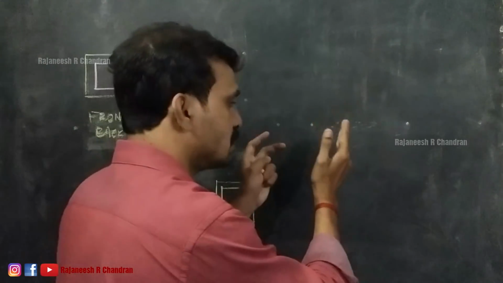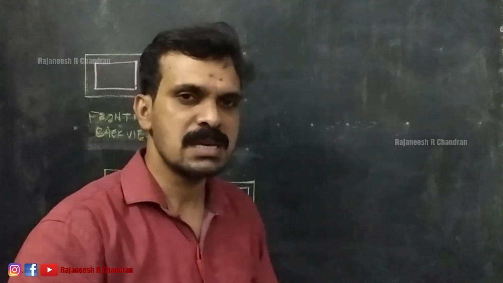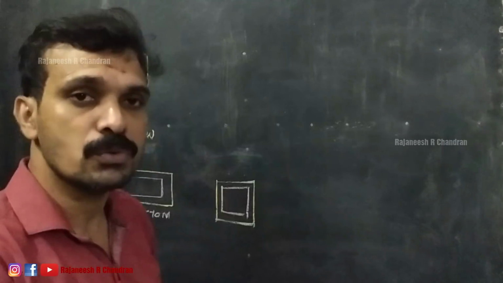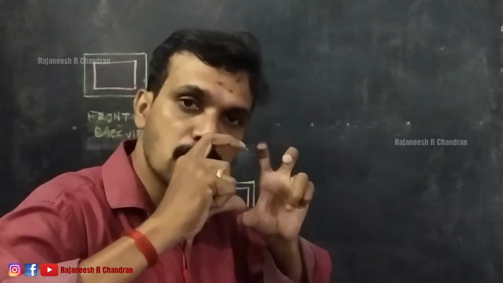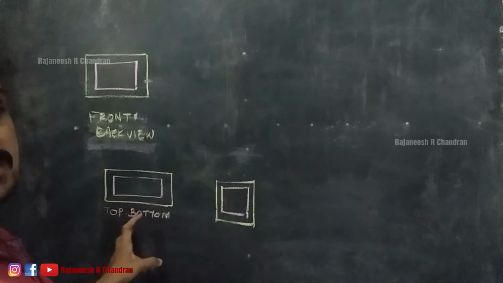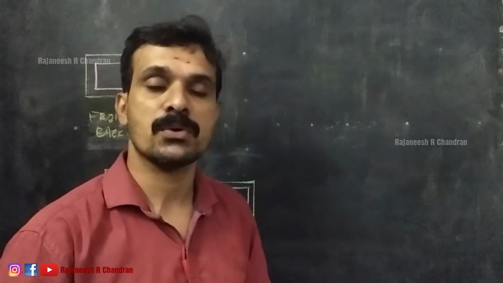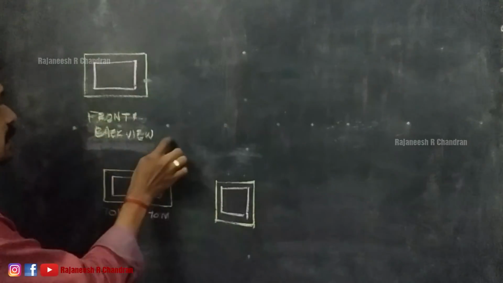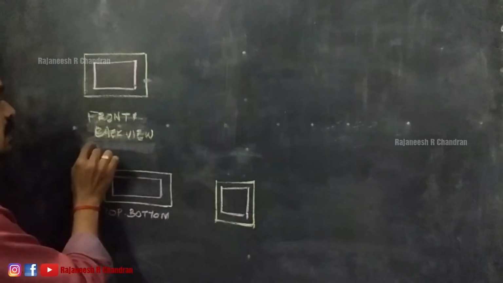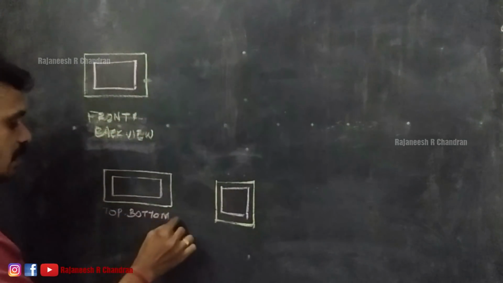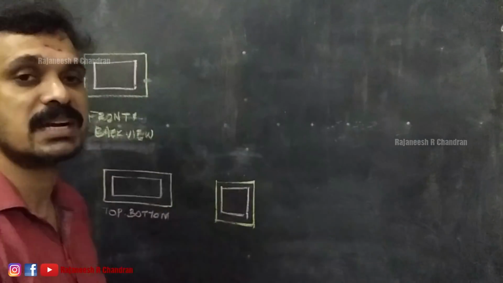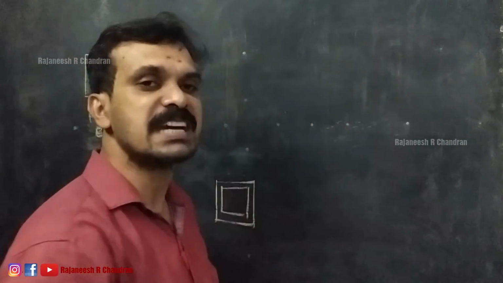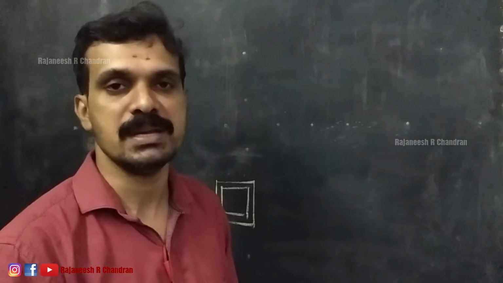Suppose in a sheet or in a particular place, if there is a particular space for this front view and back view, and a particular position for drawing this top and bottom as well as for side view, then the words front and back view, top, bottom, left side and right side can be removed, so that only the sketches will be there in the image, right?